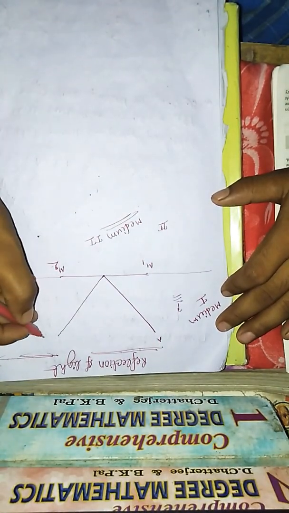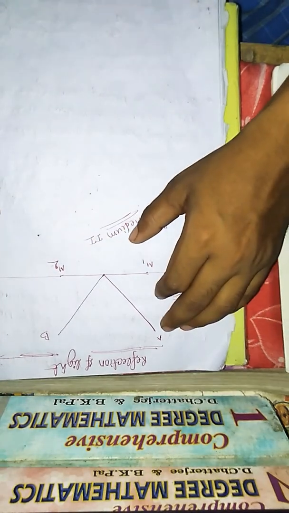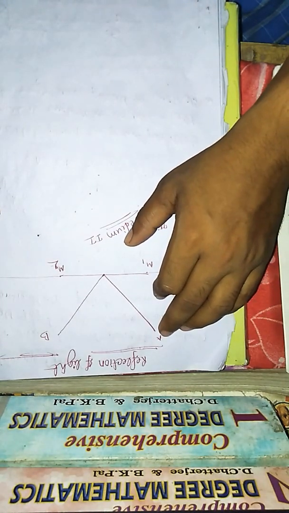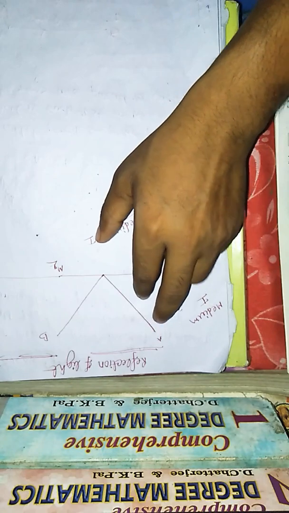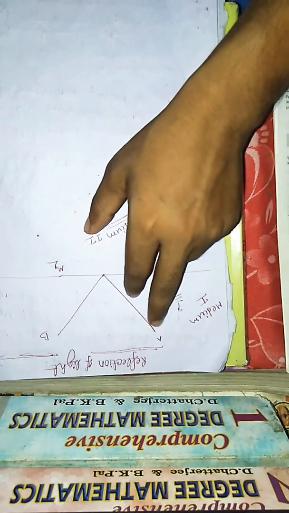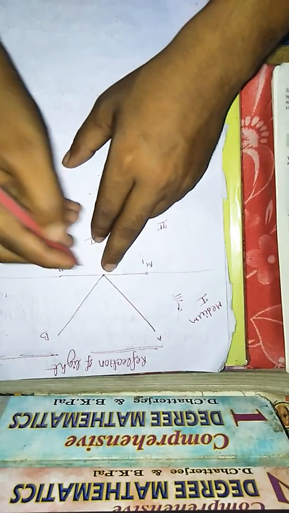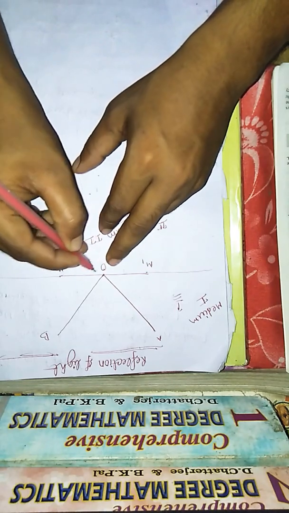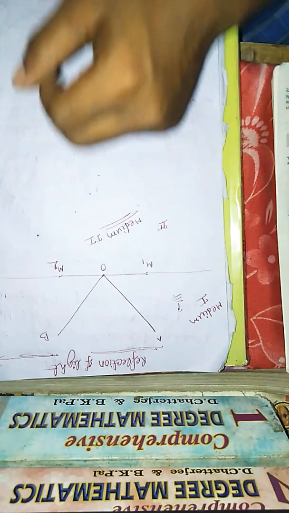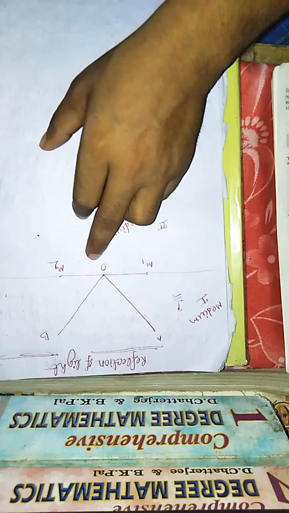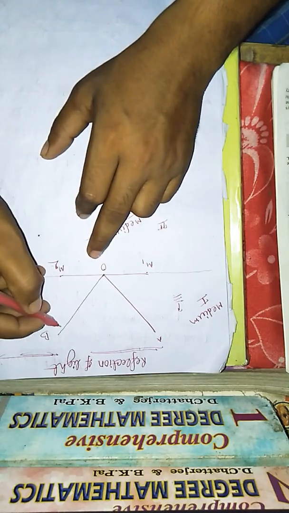So here the light comes from the point source A. That means the light comes from the medium 1 and it falls at a point of this reflector surface, and then it goes back to the medium 1 again.